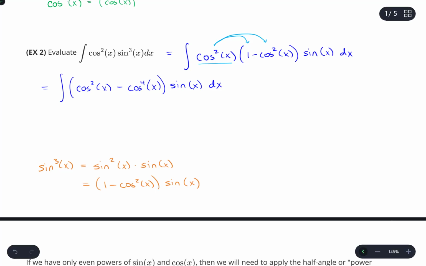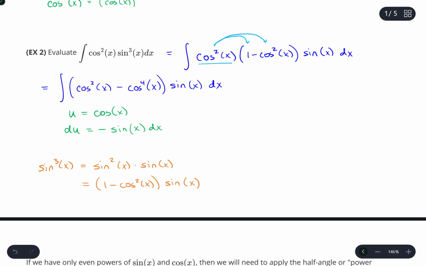Okay, now I think I can do some u substitution, because if I let u be cosine, so even though I have multiple powers of cosine, that's okay. All of those are going to get absorbed into just the variable u. And then I just have this one factor of sine left over, and that's all I need for u substitution, because du is now going to be negative sine x dx.